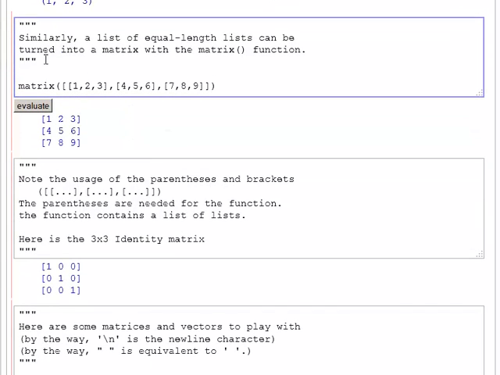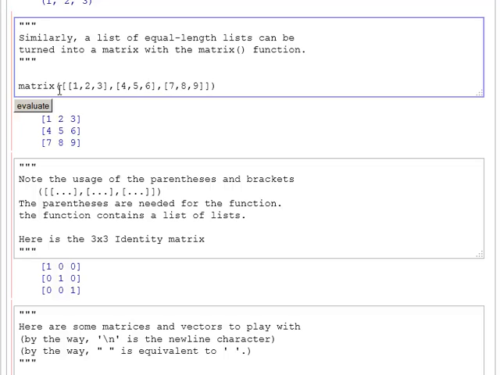Similarly, if you take a list of lists, which looks sort of like a matrix, you can actually make it behave mathematically like a matrix if you use the matrix constructor. Notice matrix with rounded parentheses surrounding my list of lists. So you get this sort of weird construction here. I use rounded parentheses and then square bracket, square bracket. The outer square brackets enclose the list, and the inner square brackets enclose the lists that are within the larger list.